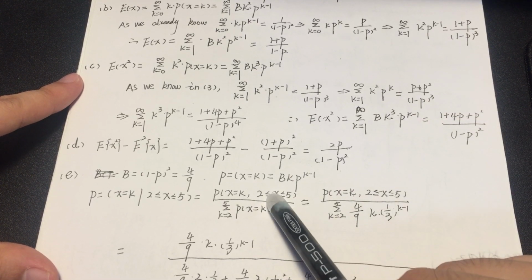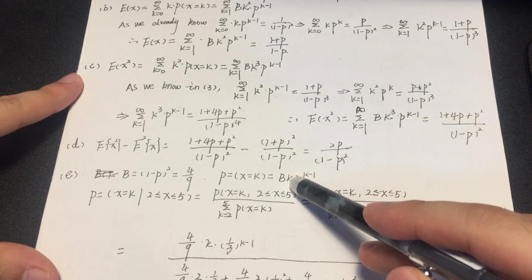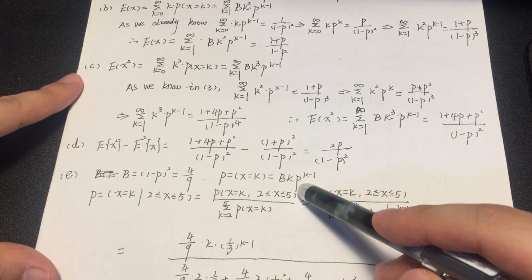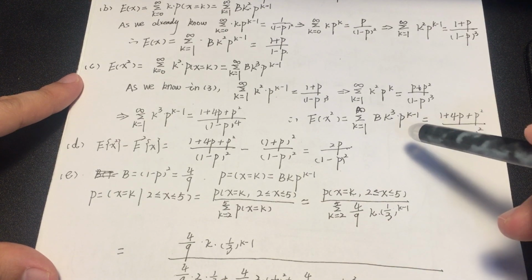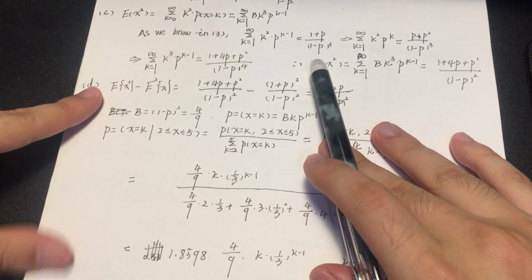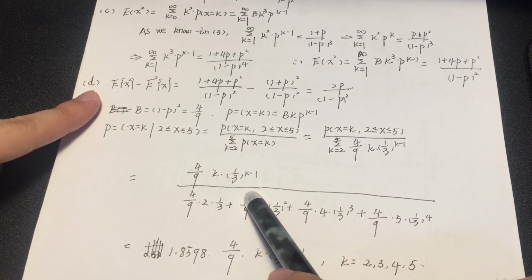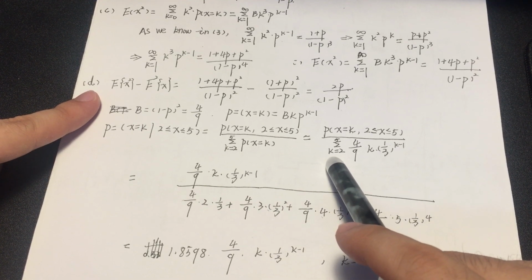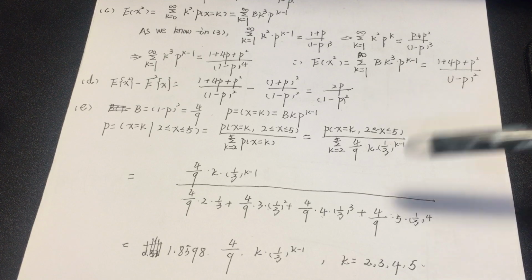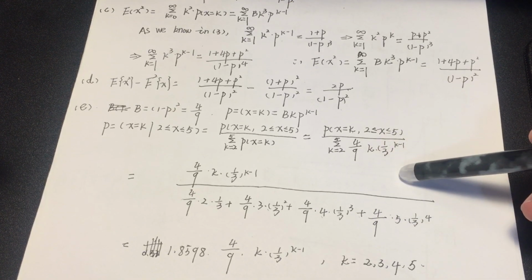Firstly, we know the equation to calculate the probability, right? We know the p, and we just write it as a polynomial. And then we know that we have to get the sum of k from 2 to 5.